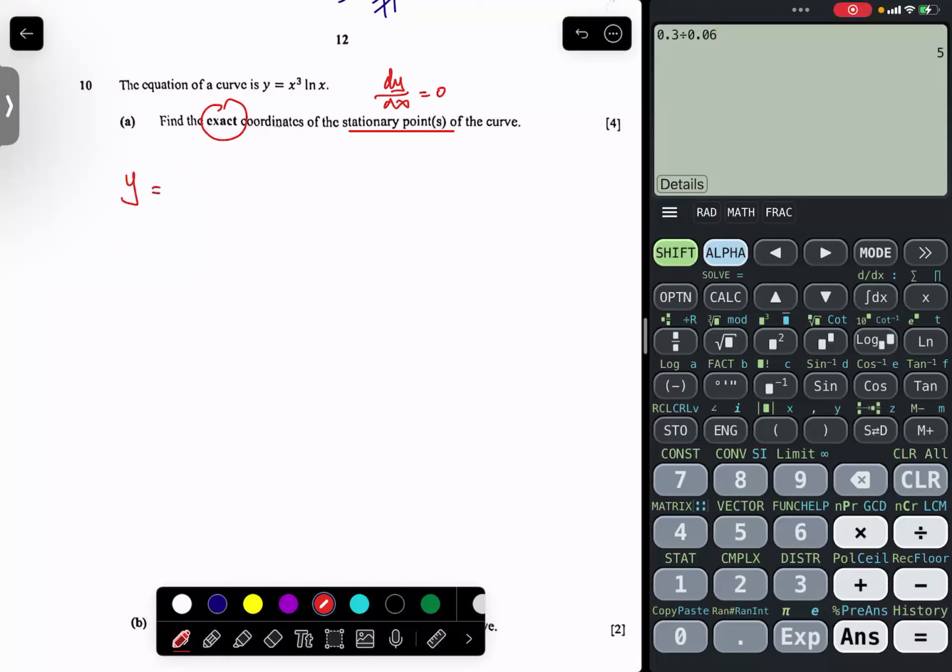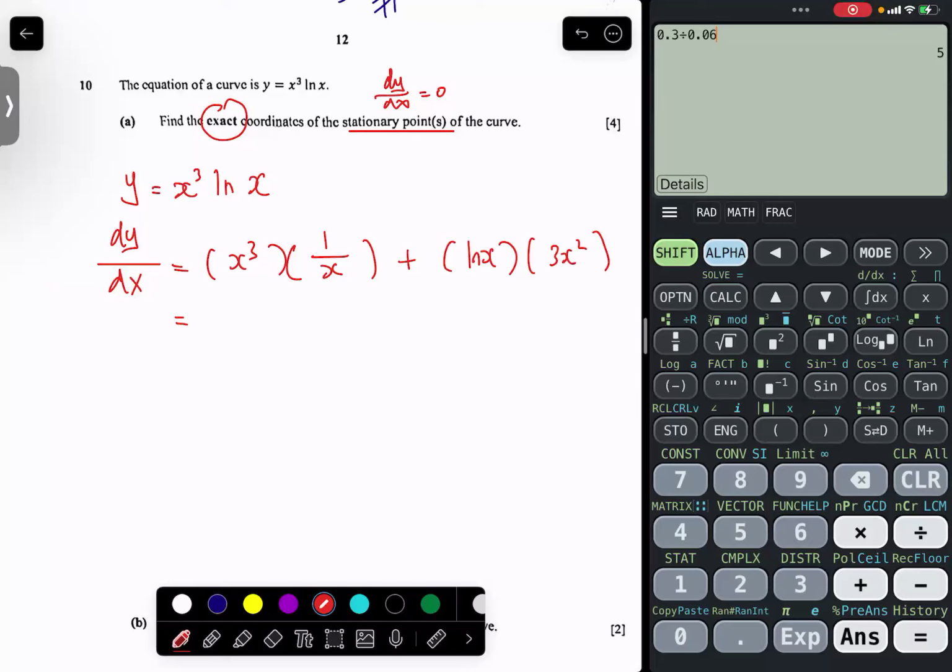So y equals x cubed ln x, dy/dx equals, this is product rule, so x cubed multiplied by 1 over x plus ln x multiplied by 3x squared. That will be x squared plus 3x squared ln x.